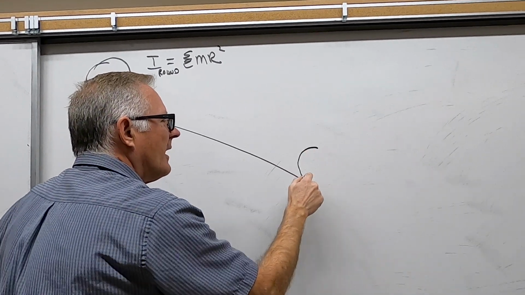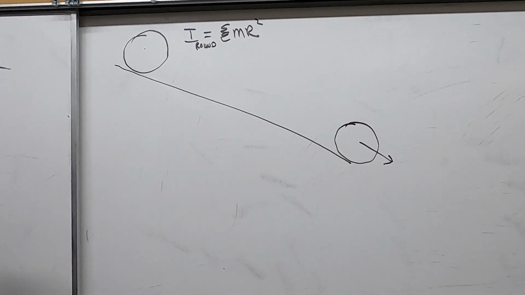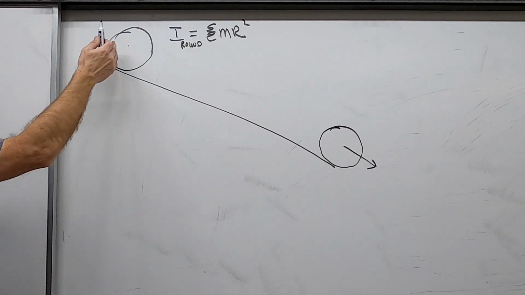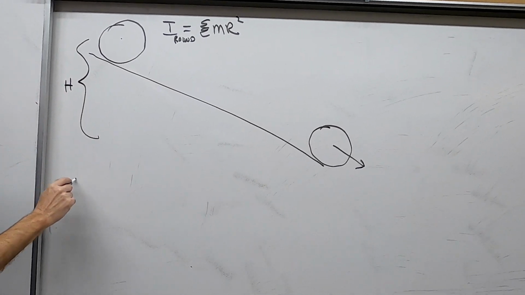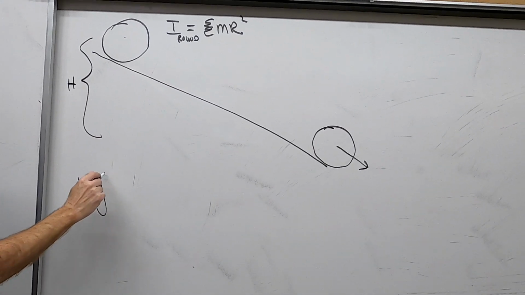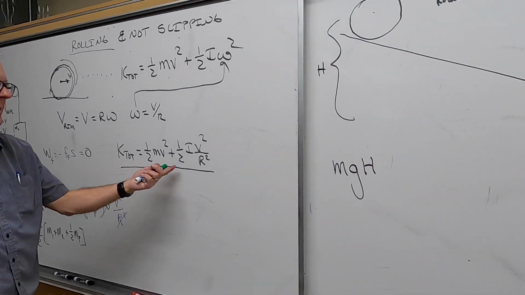When it gets to the bottom, it's rolling, so it's got both kinetics. So when it first started out, it had potential energy. If this is H, it started out from rest. There's the energy at the top. When it got down to the bottom, it had both of them.